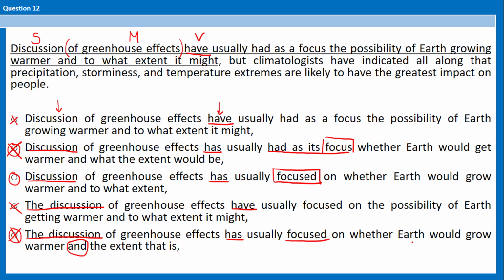Focused on whether Earth would grow warmer and the extent that is. Okay, this is wrong, it's incomplete. It should be and to what extent. Okay, has focused on whether Earth would grow warmer and to what extent. The third one is the best choice, simpler, more concise. Okay? If you have any question, you can email me at verbal@gmail.com.